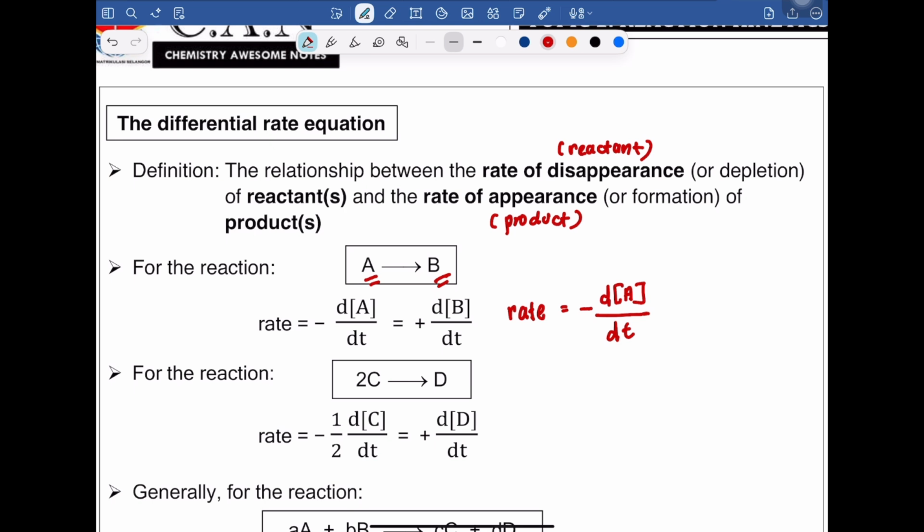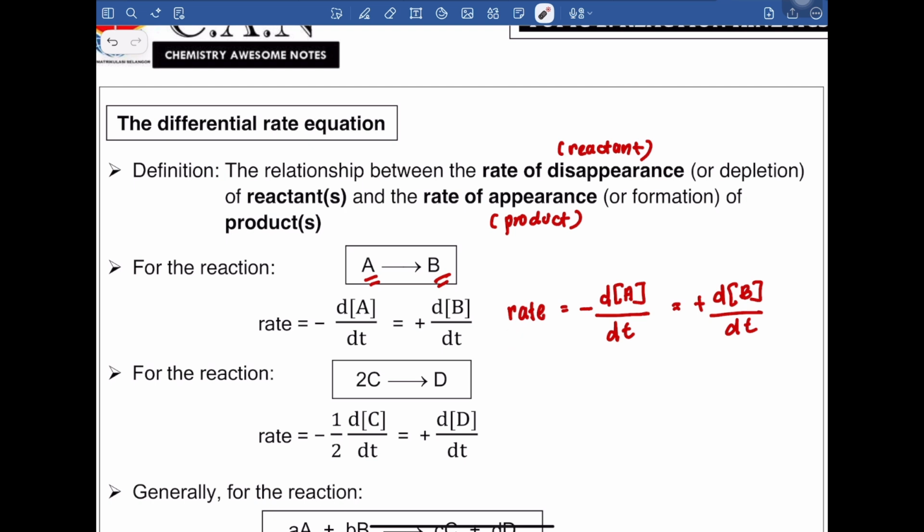Differential in Bahasa Melayu is what we call perbezaan. This is the one that you learn in Matematik Tambahan. And the rate of disappearance for A is actually equal to the rate of appearance or formation for B, positive.